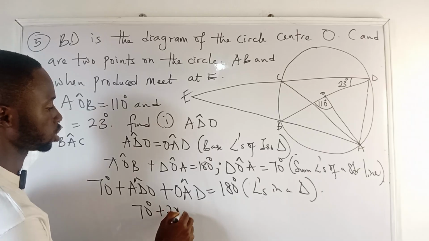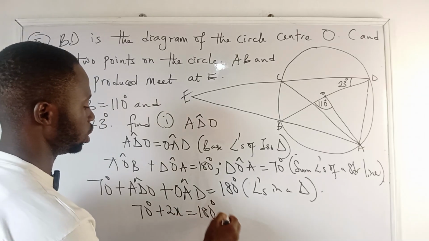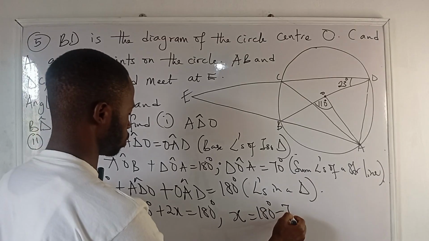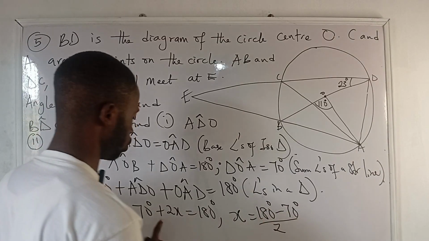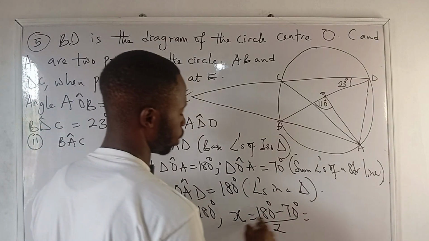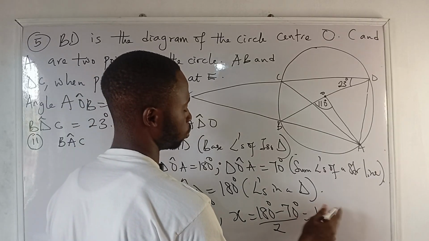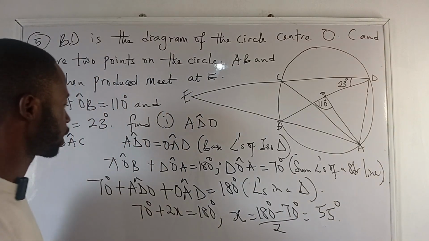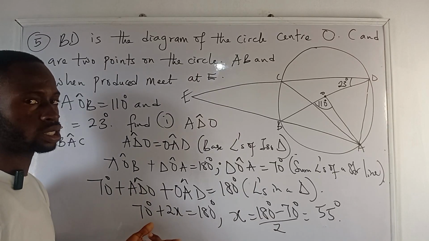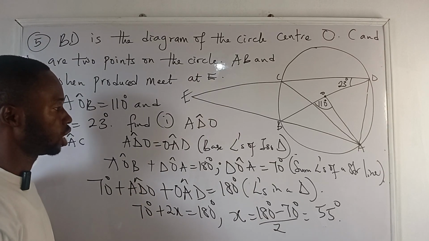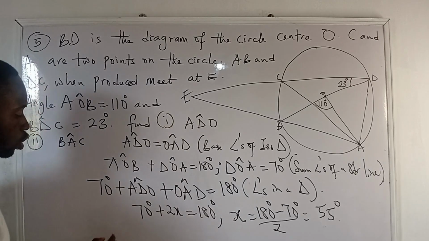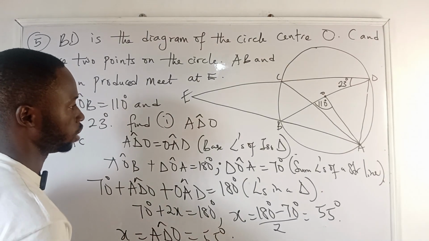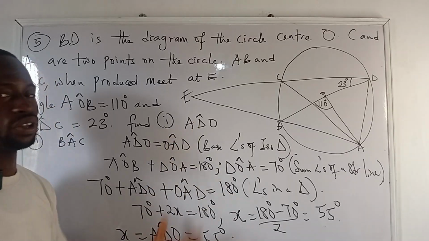So this gives us 2x equals 180 minus 70, and x equals 110 divided by 2, because you divide by 2 when you take this over. That gives us 55 degrees. So x equals ADO, which is 55 degrees. We found the value of ADO.